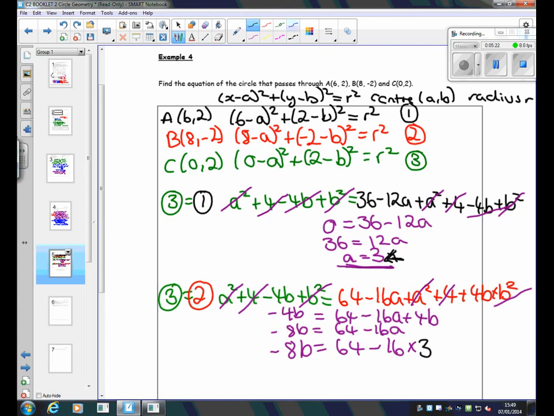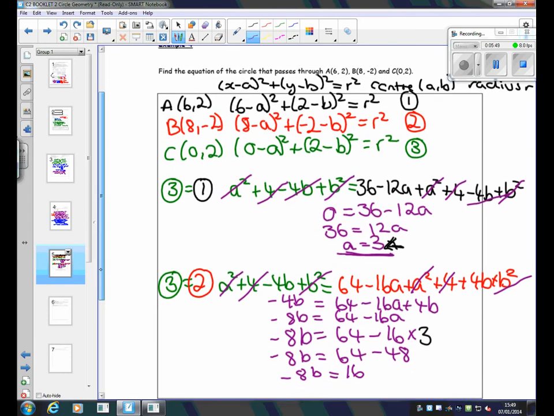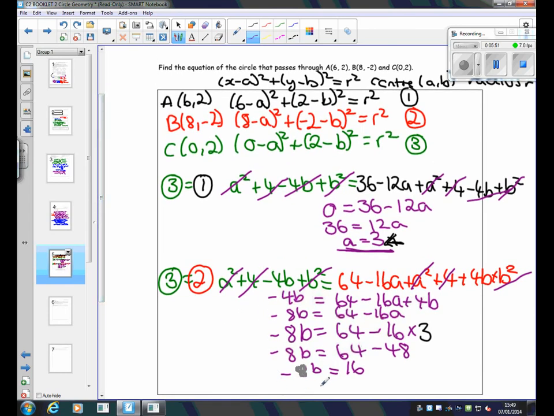Okay, so 16 times 3 gives us 48. So minus 8b equals 64 minus 48. So minus 8b is equal to 16, which means that b is equal to minus 2.